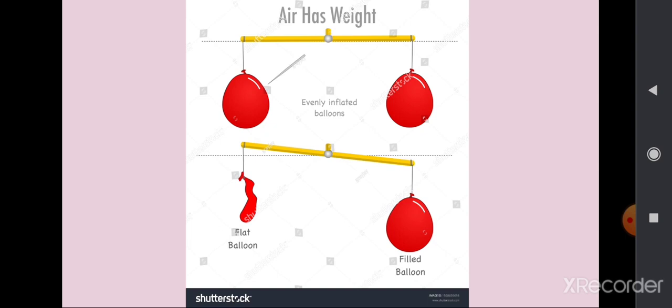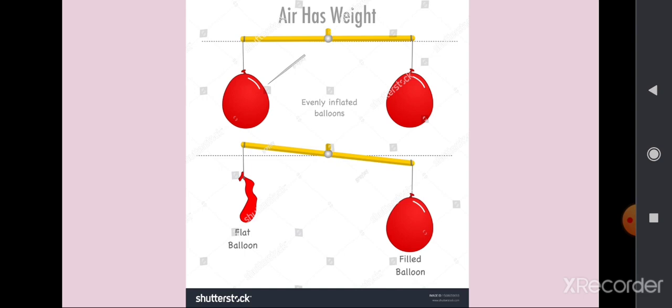Now, let us test whether air has weight. Take two inflated balloons of the same size. Inflated means filled with air. Tie them at the two ends of a stick as shown in the picture.